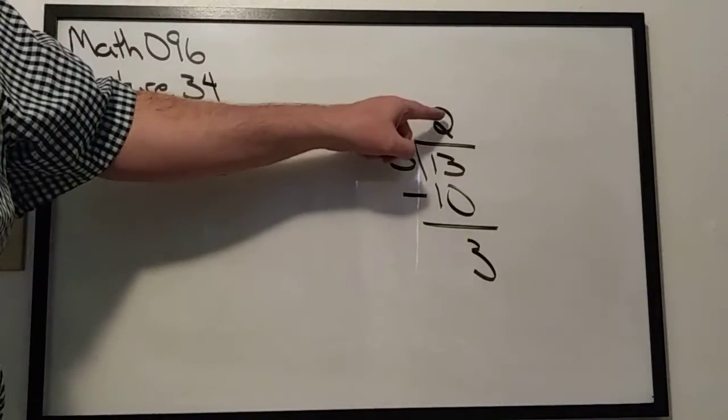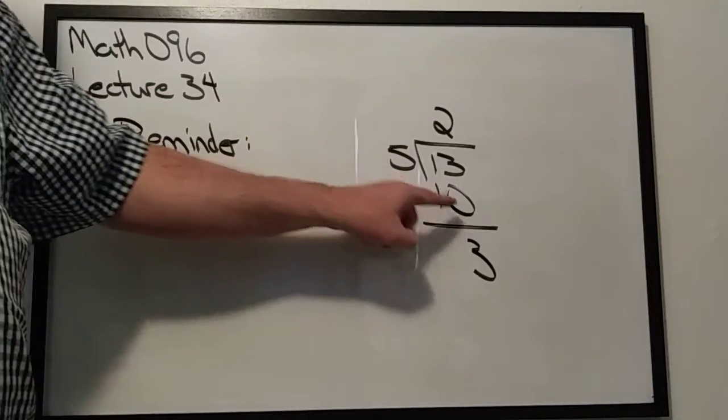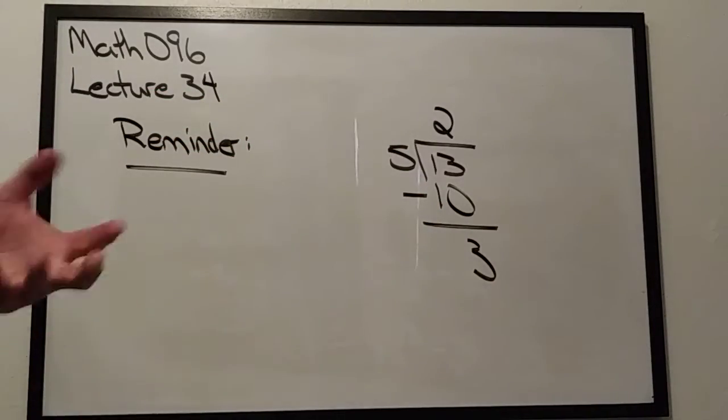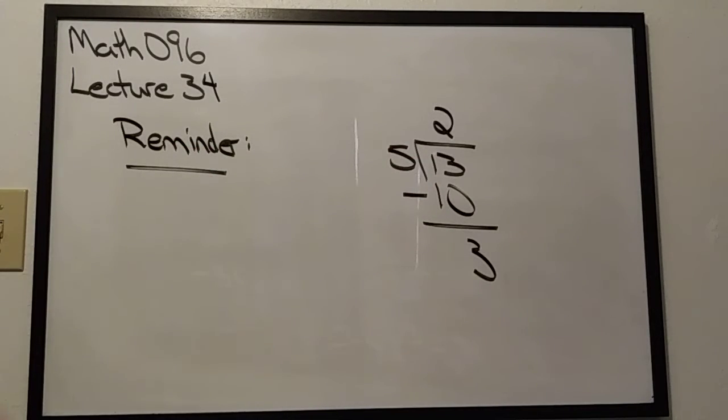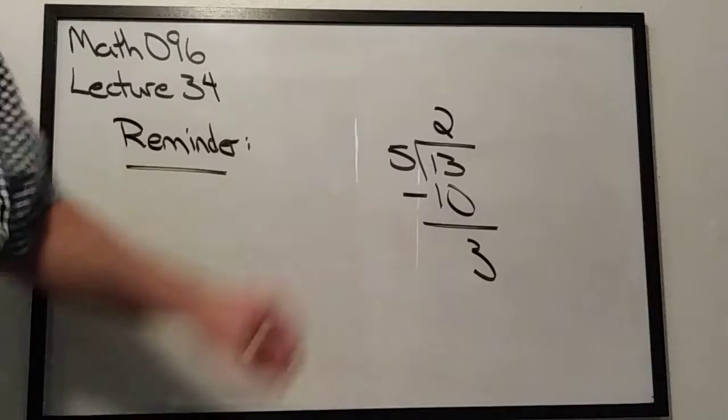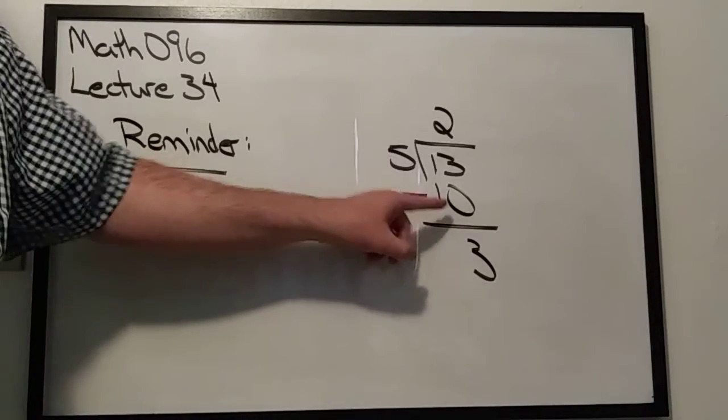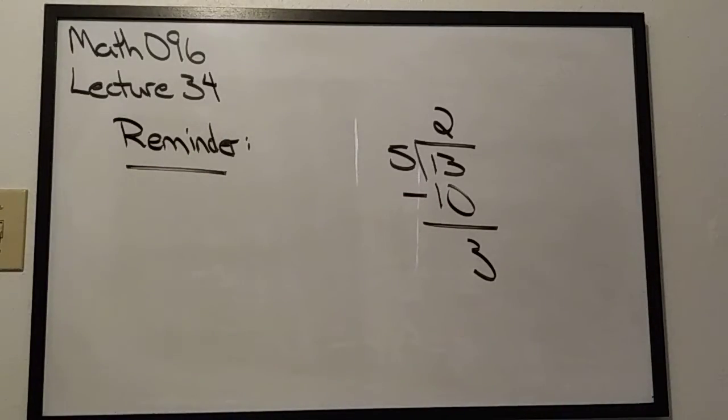Then we did a multiplication. 2 times 5 gave us this 10, and then we did a subtraction. 13 minus 10 is equal to 3. So you want to think about that three-step process whenever you're doing a division involving polynomials. How many times does something go into a piece, and then do a multiplication, and then finally do a subtraction?